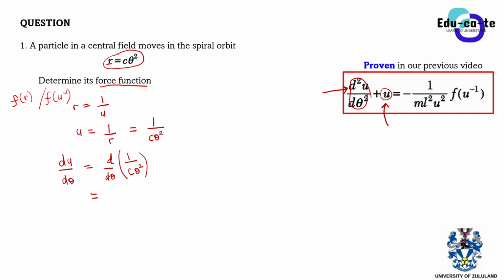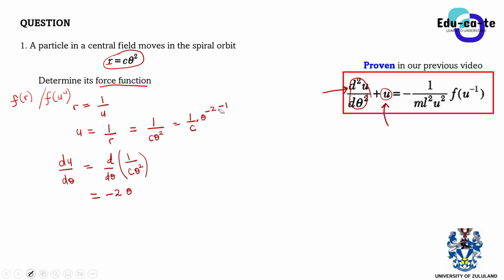Here we can apply differentiation rules by taking theta squared to the top. This will be theta to the power of -2, so we can rewrite this as 1 over c times theta to the power of -2. Applying the power rule, -2 times 1 gives -2, and then theta to the power of -2 minus 1, that's how we do the power rule.